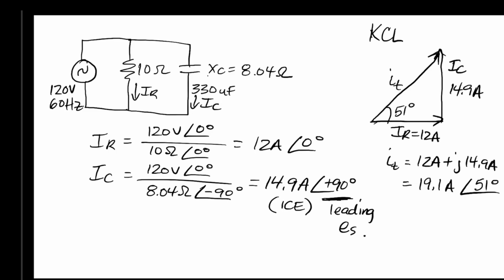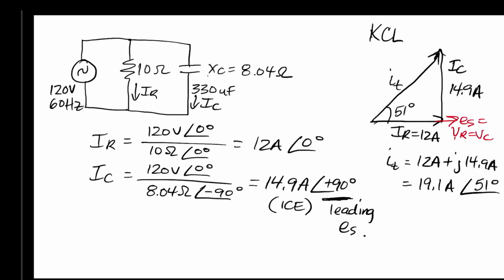And again, how do we know from a current triangle that that's actually the phase angle of our circuit? Well, we need to know where to find E source in this current triangle, because we know that the angle between the applied voltage and the total current is the circuit phase angle. Remember, our E source in parallel is equal to VR is equal to VC, so we have all in-phase voltage.